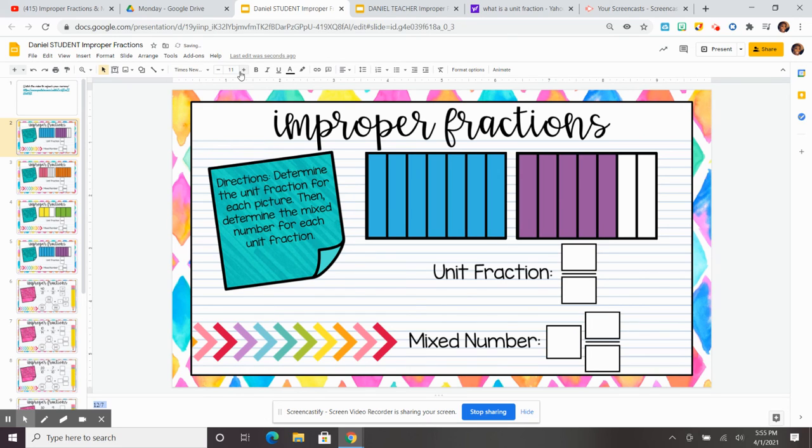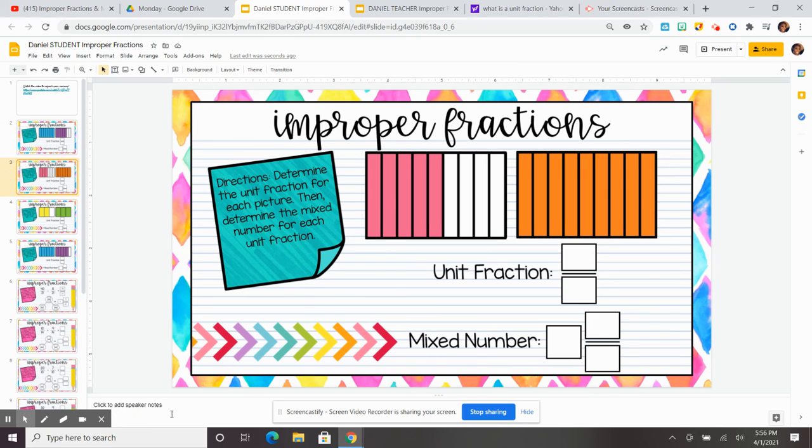Change my font. And I want to make it larger so that I can see it. Okay? So you have 12 sevenths. And you know that 12 sevenths is going to be equal to 1 and 5 sevenths. 2, 3, 4, 5. Yes, 1 and 5 sevenths. All right, so remember, put your improper fraction down in the presenter note section or speaker note section.